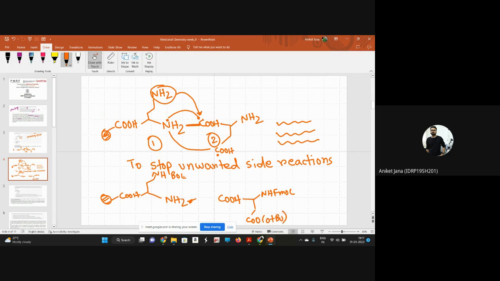So now if you can follow, we have protected this NH2 with the Boc group. So this NH2 group cannot react, and we have also protected the NH2 group of this second molecule with the Fmoc group and the carboxylic acid part with its ester group.